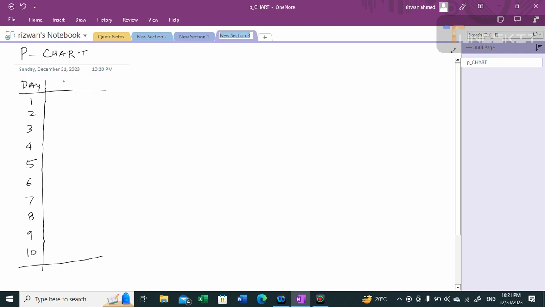Then we have the number of rooms studied, observed, or checked as per the predefined checklist. Let's assume this is a constant number of rooms observed on a daily basis, and that's 200.